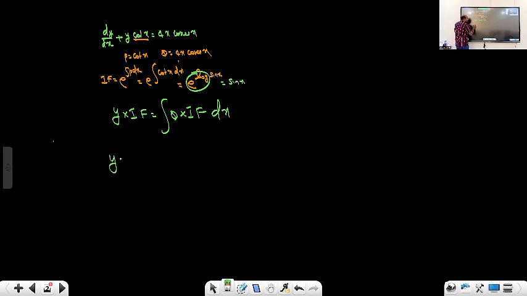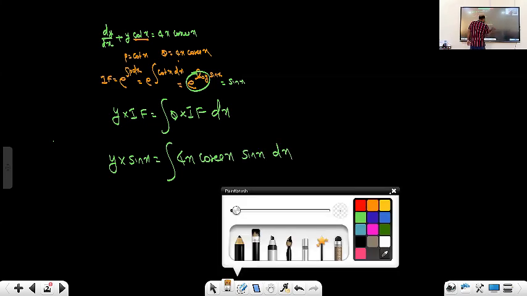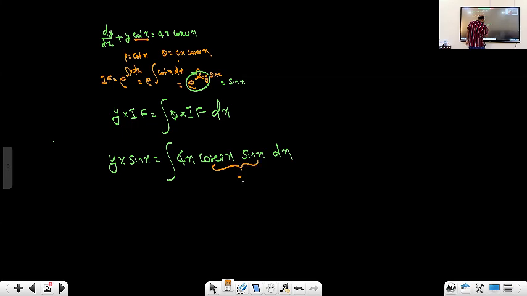Y into IF is sin x, Q is 4x cosec x, IF we have sin x. Cosec and sin, you people have to mark like this. This is making one. Cosec and sin, one is the reciprocal of the other. What is balance now? Y sin x equals 4, we can take it out, integral x dx. Am I right?